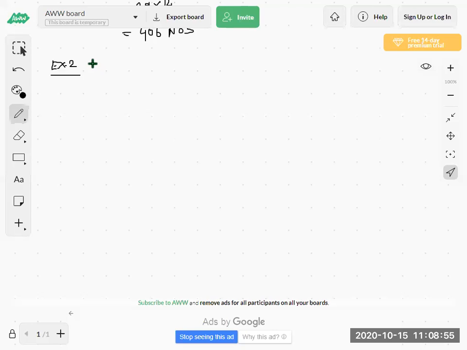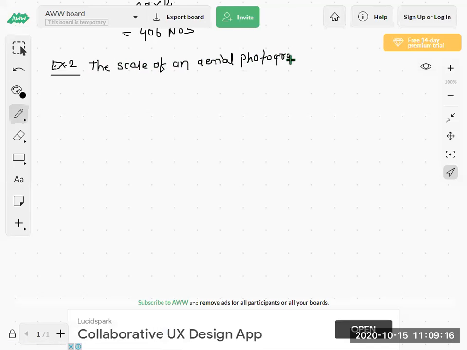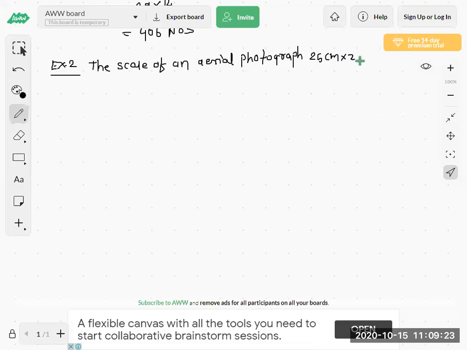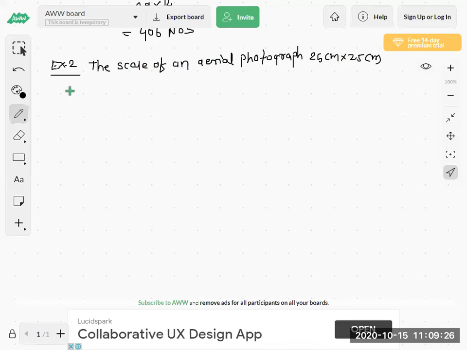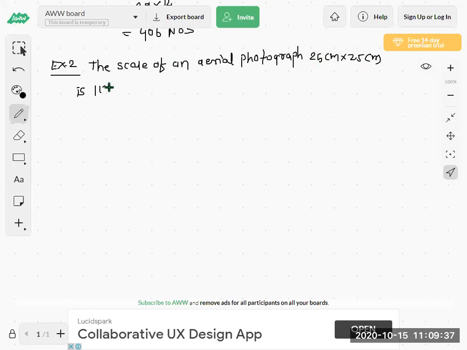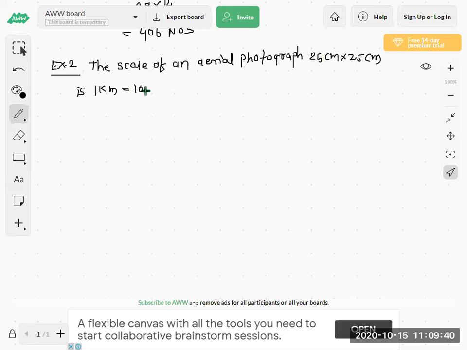Write down the problem statement. The scale of an aerial photograph, 25 centimeter by 25 centimeter, is 1 kilometer is equal to 10 meter.